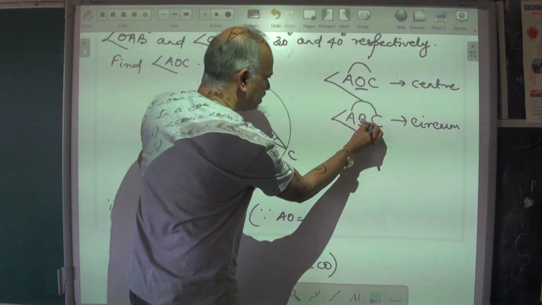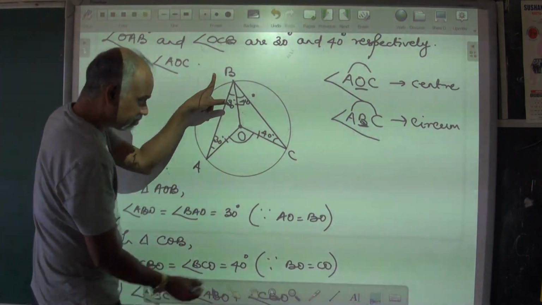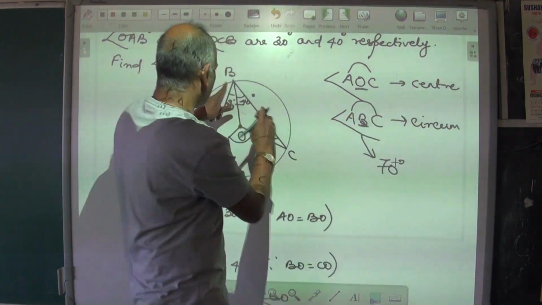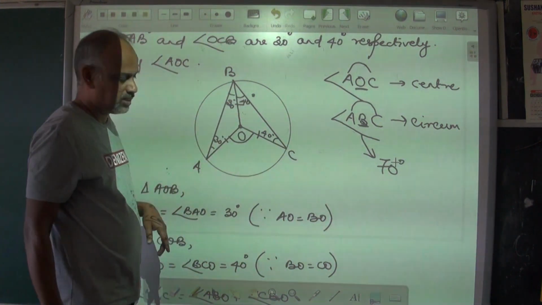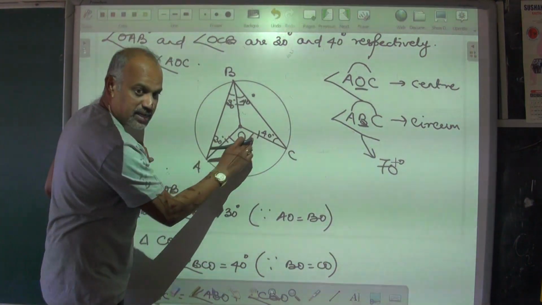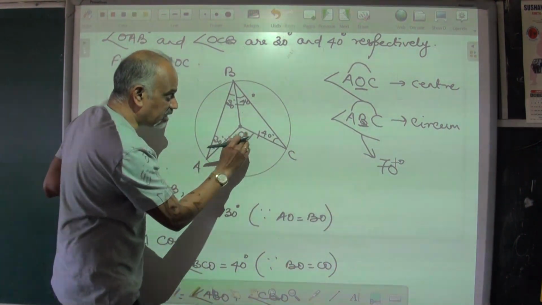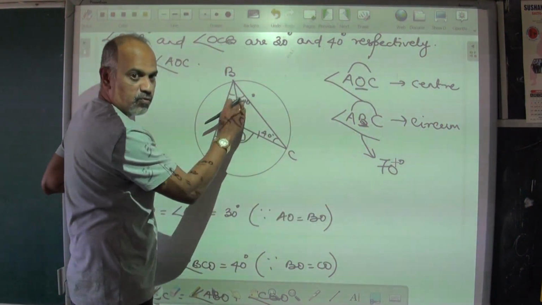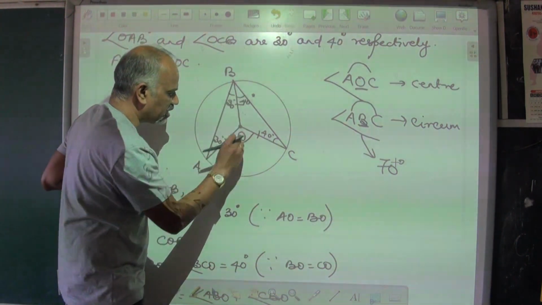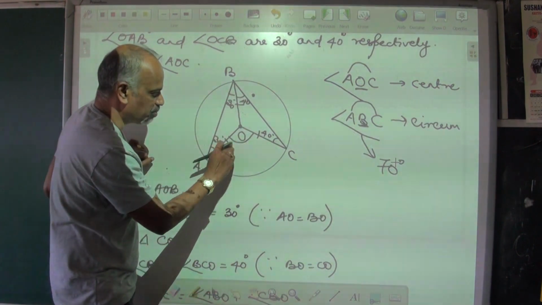So you know that this angle is 70 degrees. That's the angle on the circumference. But you are supposed to find AOC, the angle at the center. The angle at the center must be double whatever is made on the circumference. So double of 70 is 140, that will be this angle.